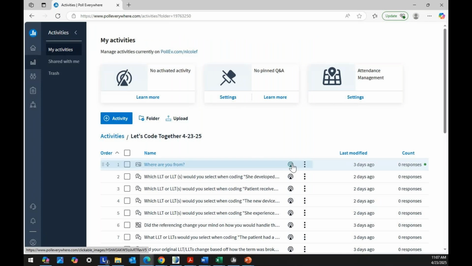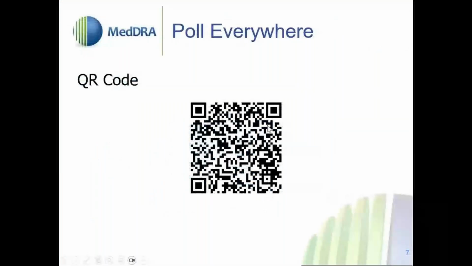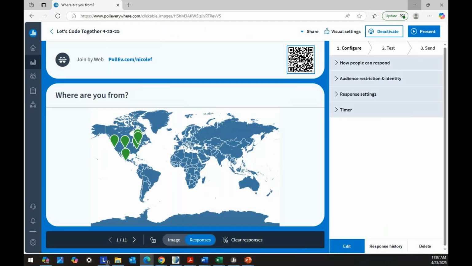So please, if you can flash the previous slide again, so people can use their camera to log into PollEV, so we can all participate together in this very first PollEV question: where are you from? Okay, so everyone use this QR code as well as the URL, which is also in the chat section, to log into PollEV, so we can just test to see if you can log in successfully and answer the very first question: where are you from?